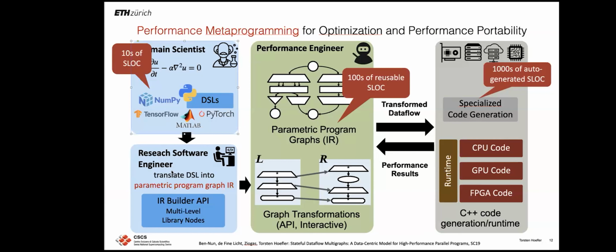And then there are research software engineers that translate these implementations using these domain languages into a parametric program graph, intermediate representation, that then is used by performance engineers who have, of course, graphical tools to analyze the performance and basically optimize the partitioning of the graph.